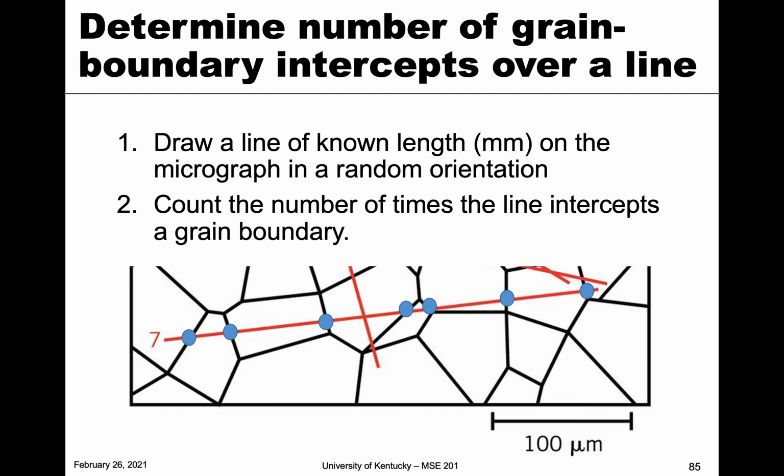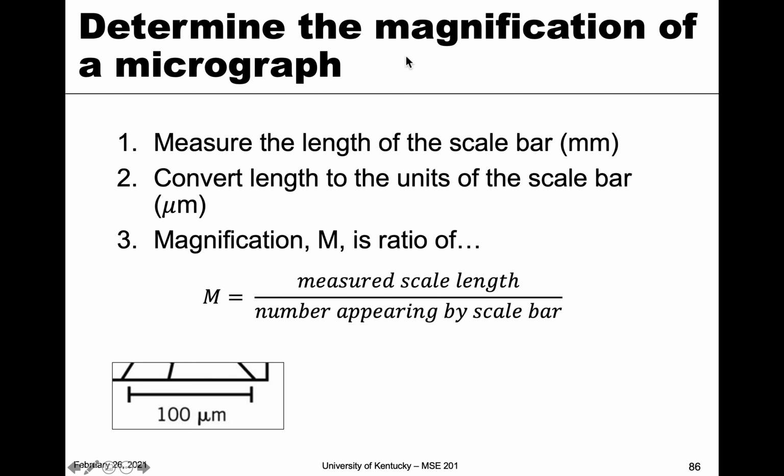The next thing we need to know is, because the length of our line is from our printed out or magnified image, we need to know what the magnification of the image is. And so we need to determine the magnification of that micrograph. What we do is we use the scale bar down at the bottom usually. We measure the length of the scale bar in our printed out version or on the screen, right?